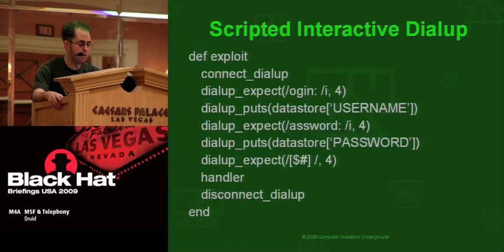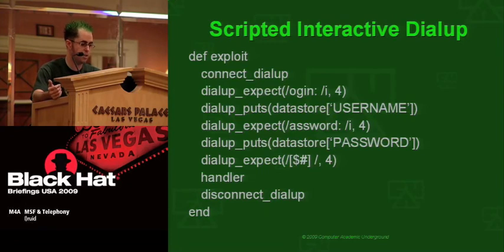So here's basically if you want to connect to something and your exploit has to do with logging in, going somewhere, doing something particular, it's not a traditional overflow buffer type exploit. You can use the expect and the puts methods to kind of script your login or your shell or whatever type of interaction you want to do.